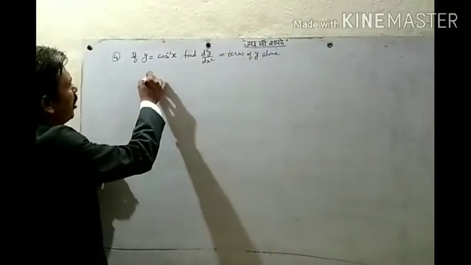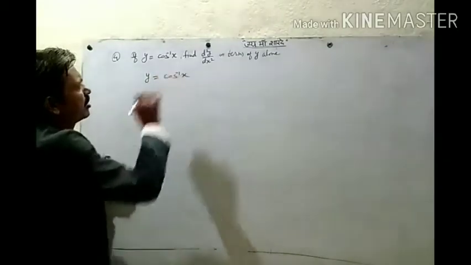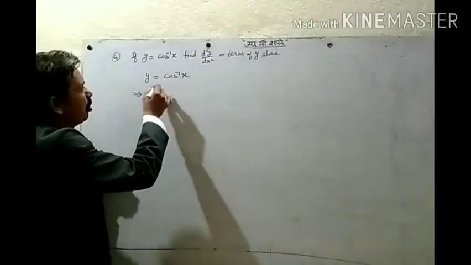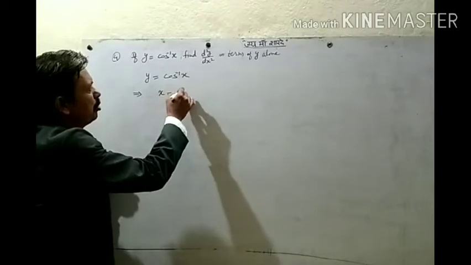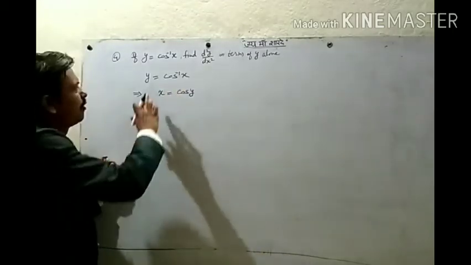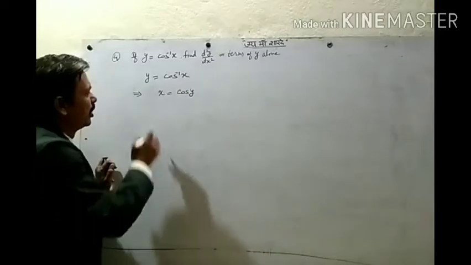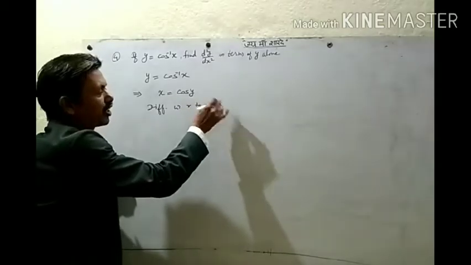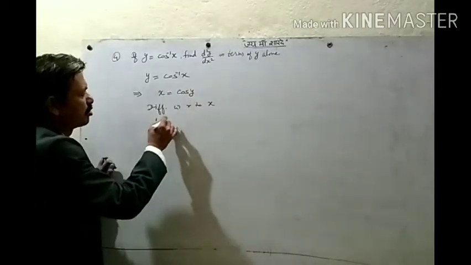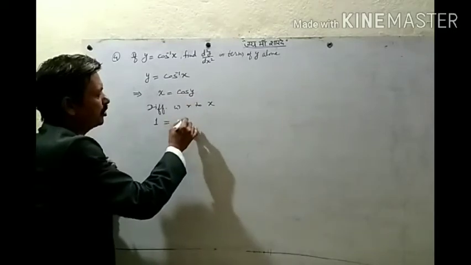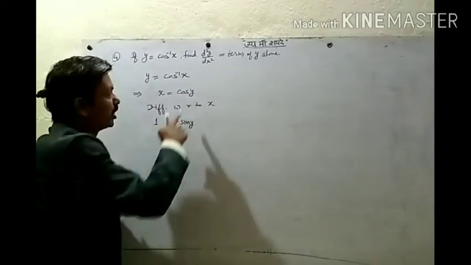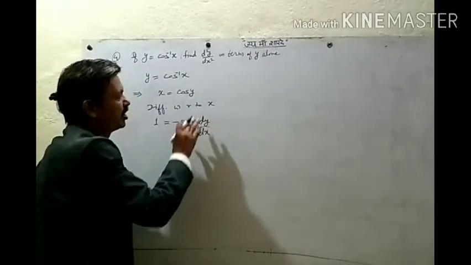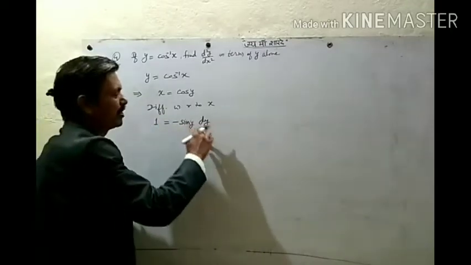Let's see. We have y equal to cos inverse x. So one option is we can differentiate, or the other way, if y is cos inverse x, then x is equal to cos y. Now differentiating with respect to x, the derivative of x is 1, the derivative of cos y will be minus sin y, but it is not actually x, so whenever any function in terms of y is there, its derivative will always have dy by dx.